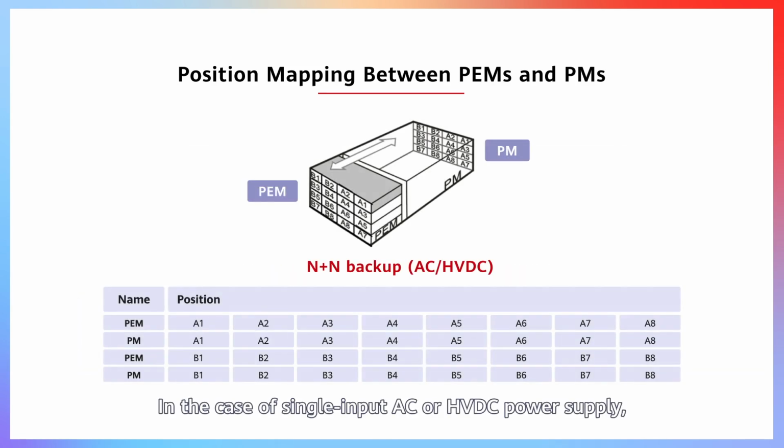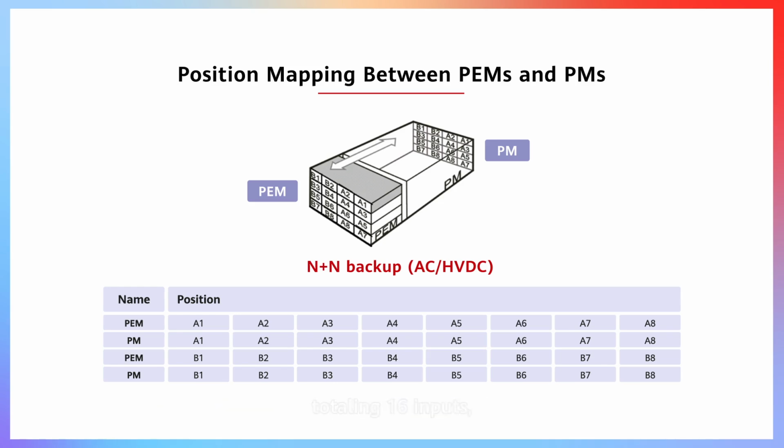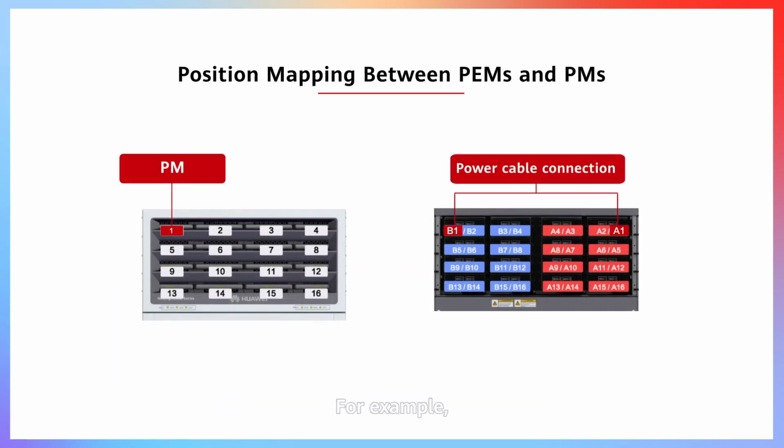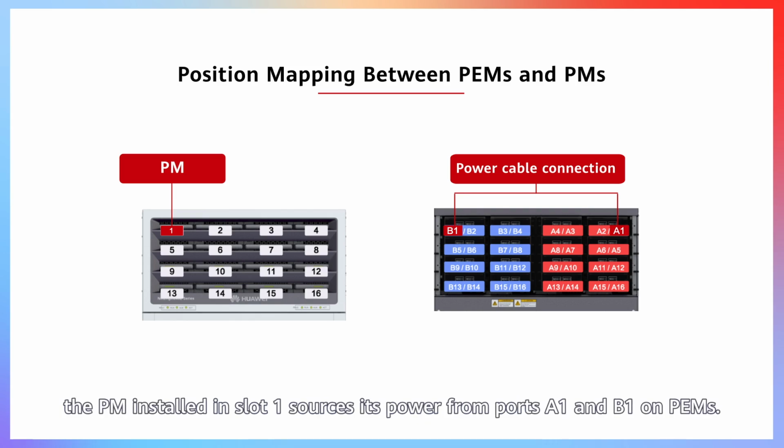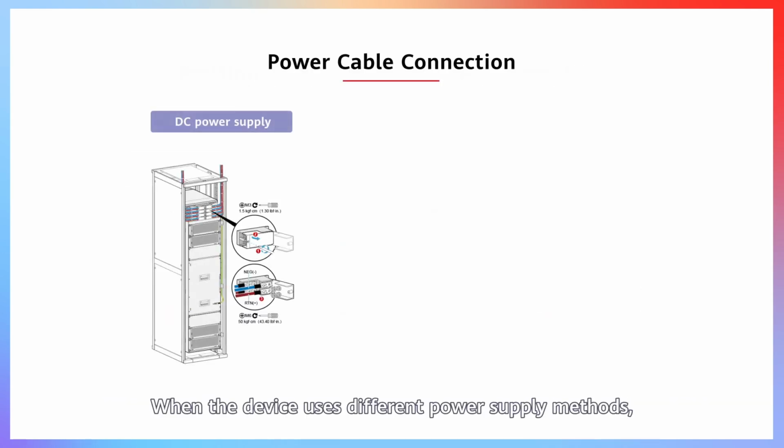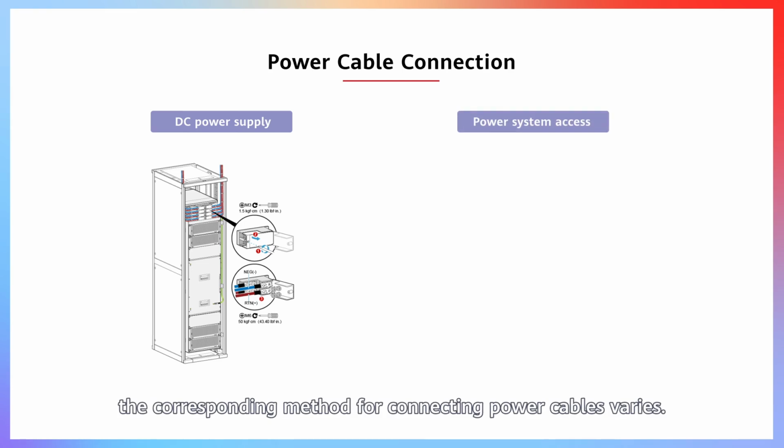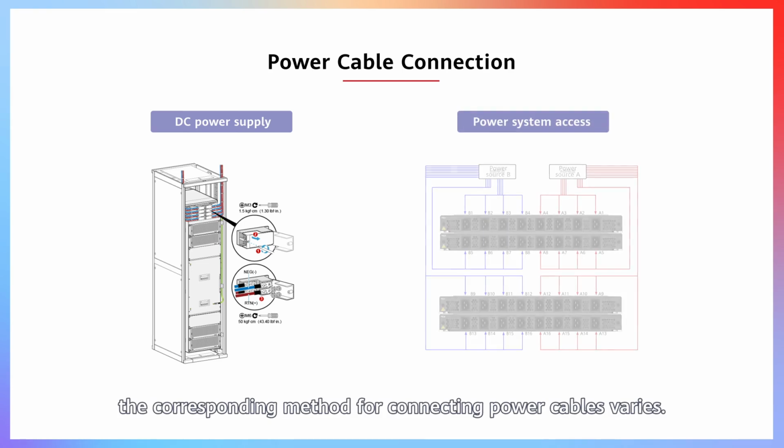In the case of single-input AC or HVDC power supply, each PM has 1 input, totaling 16 inputs, with each input corresponding to 1 PM. For example, in the DC power supply scenario, the PM installed in slot 1 sources its power from ports A1 and B1 on PEMs. When the device uses different power supply methods, the corresponding method for connecting power cables varies.